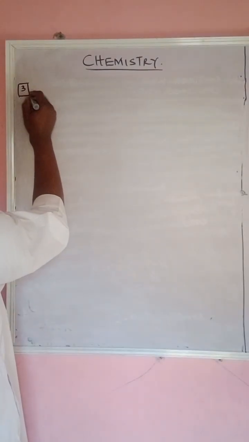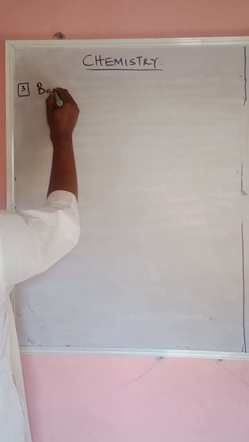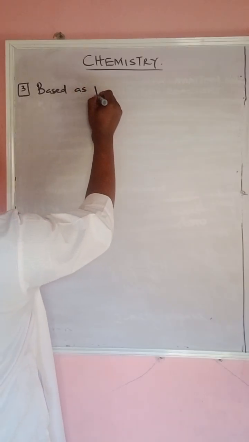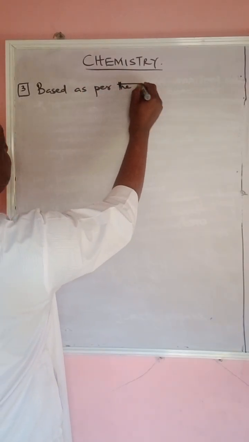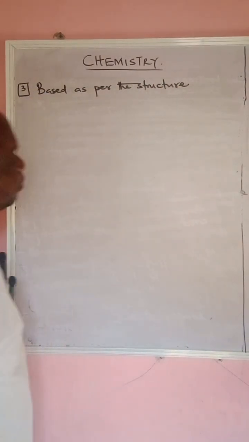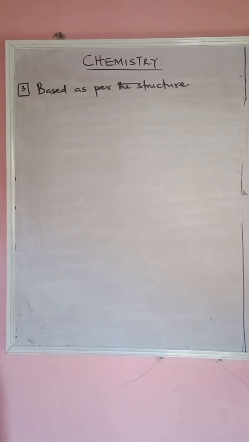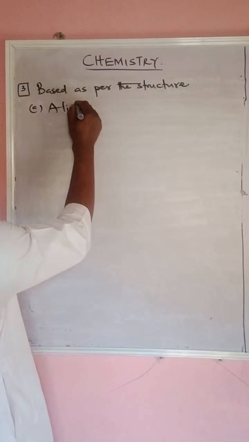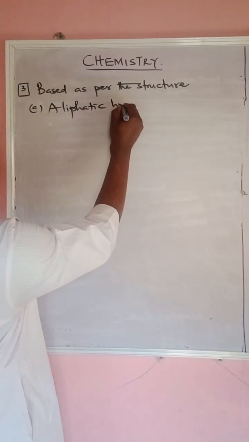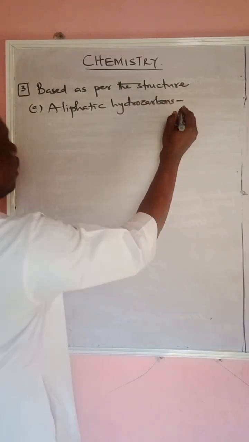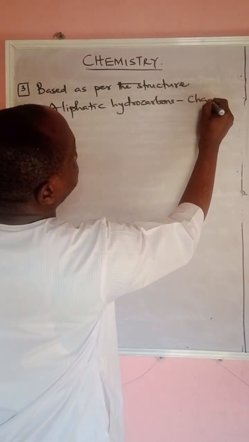So, 3, we have classification as per the structure, based on the structure. A, we have aliphatic hydrocarbons: hydrocarbons arranged in chain form.